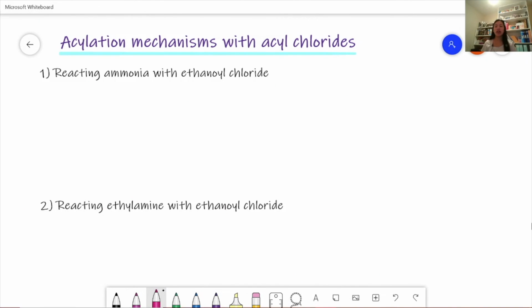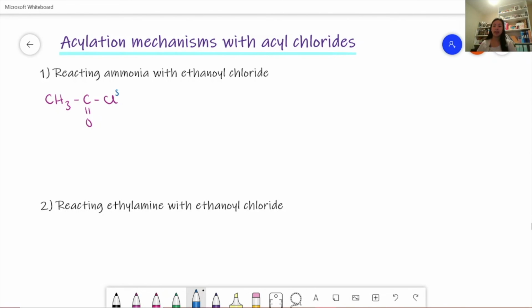We also need to know the acylation mechanisms with the acyl chlorides. So first we're going to look at reacting ammonia with ethanoyl chloride. So what we start off with is the ethanoyl chloride, which has the formula CH3 and then C double bond O and Cl. And we have partial charges because there's an electronegativity difference between the carbon and the chlorine, because chlorine is much more electronegative.